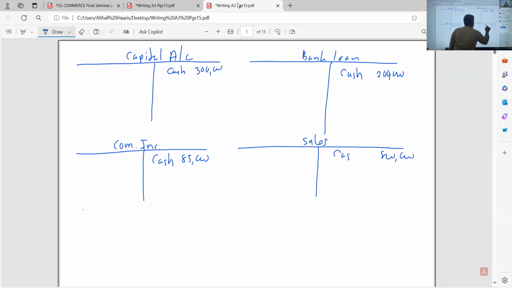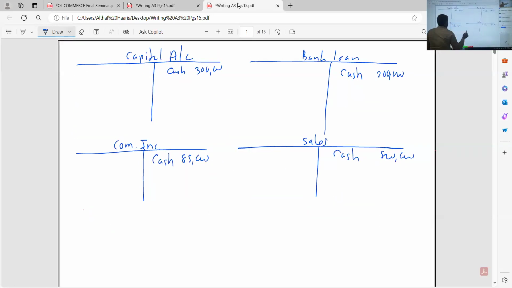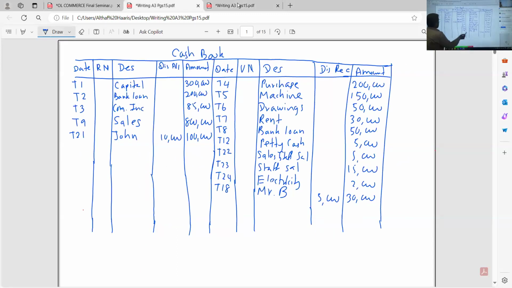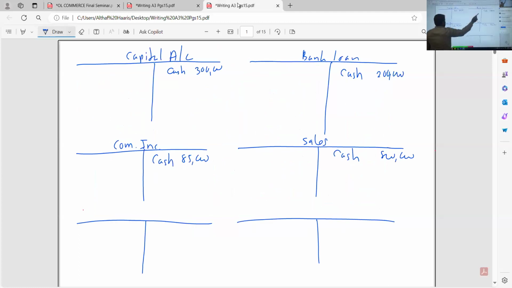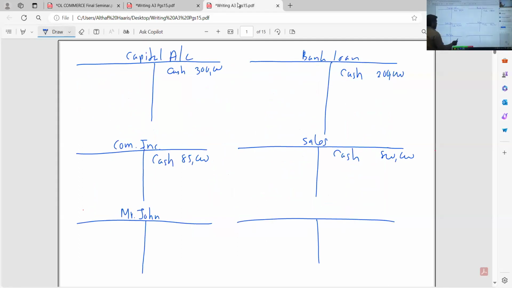Here cash account debit, sales account credit. Here, the next one, Mr. John. So for the John's account credit, for the cash account debit, 100,000. Cash.